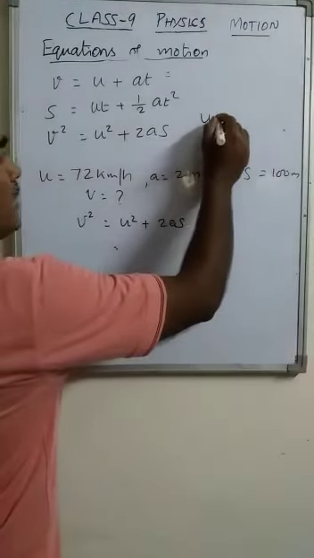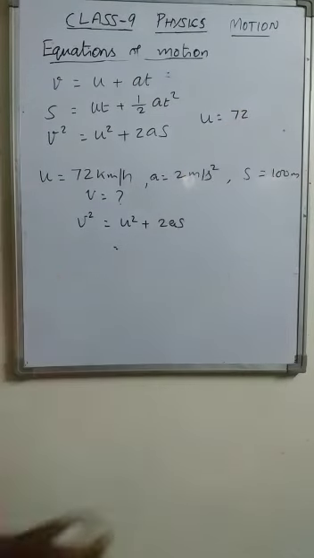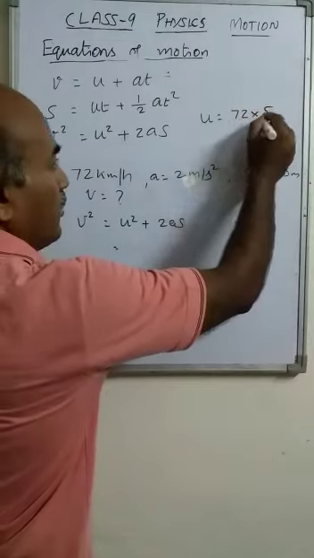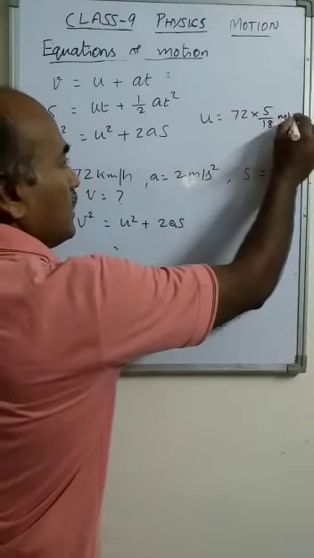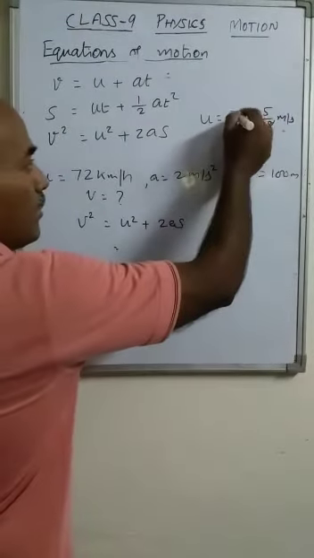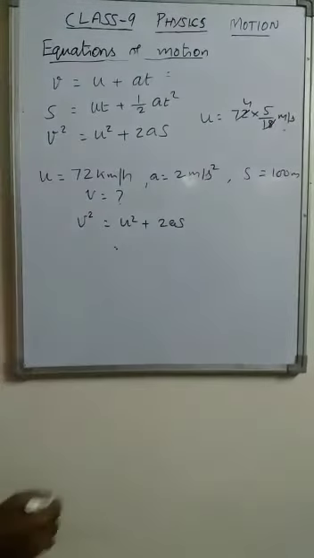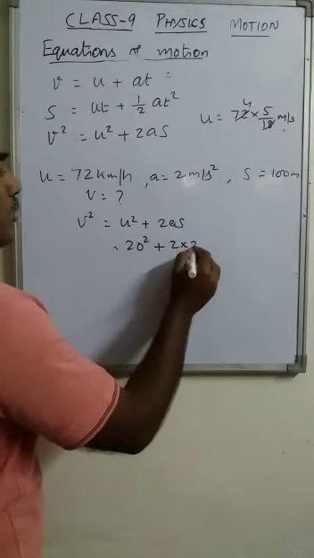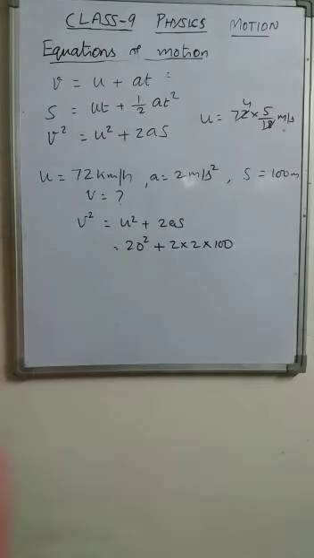So converting 72 km per hour into meter per second, you must know the relation: multiply by 5 by 18. That gives 20 meter per second. So 20 square plus 2 into 2 into 100.